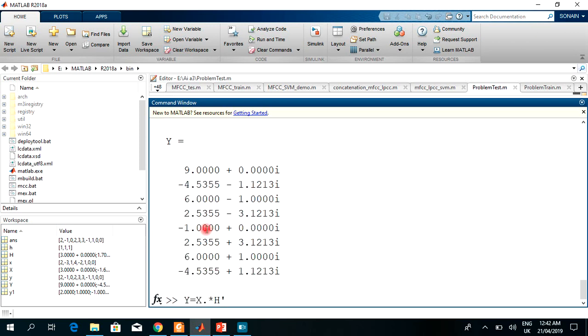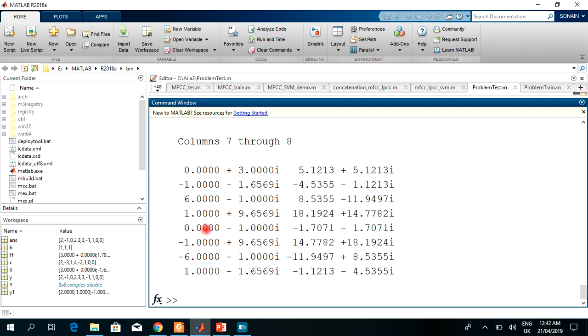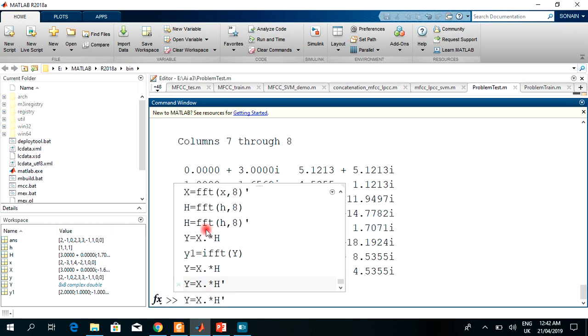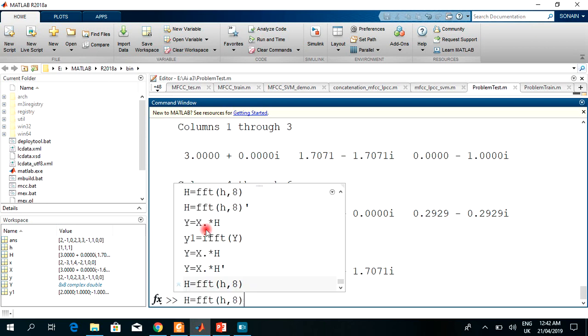If I want to find the transpose of this, a little bit of mistake.